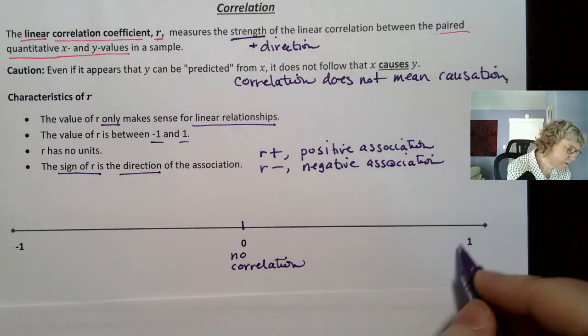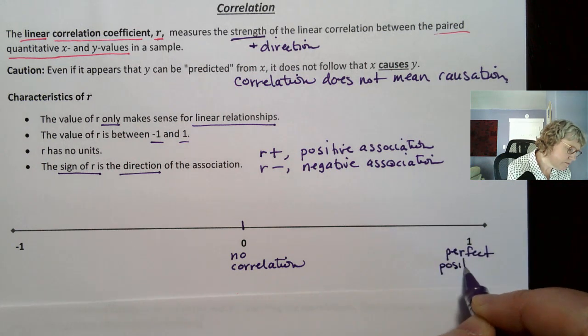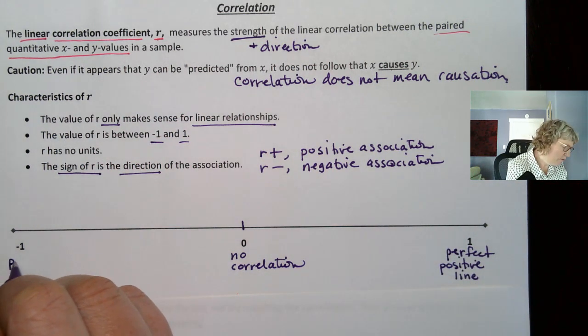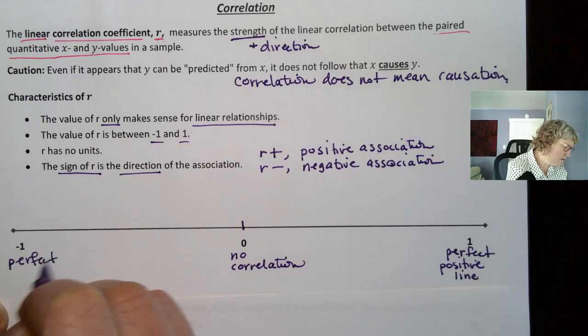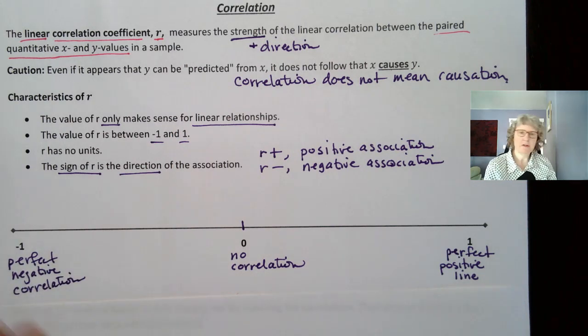So 1 would be a perfect positive correlation, a perfect positive line, and -1 would be a perfect negative correlation, or perfect relationship.